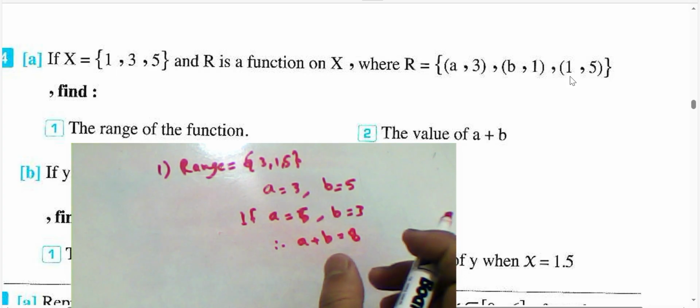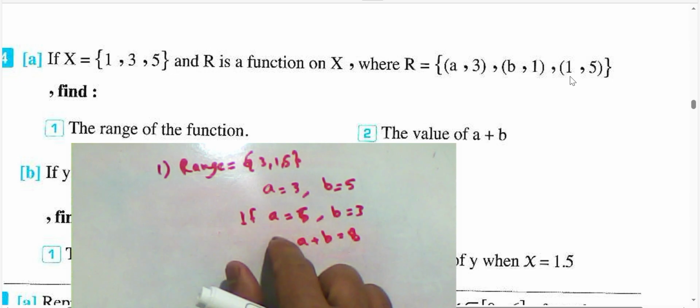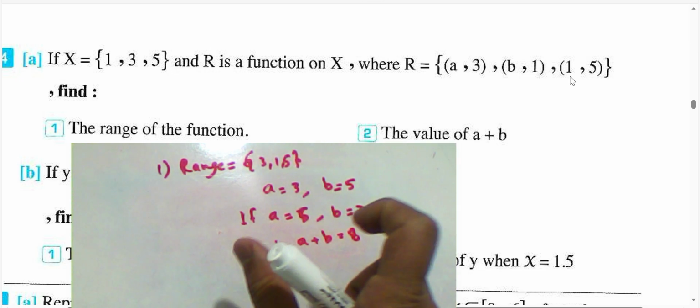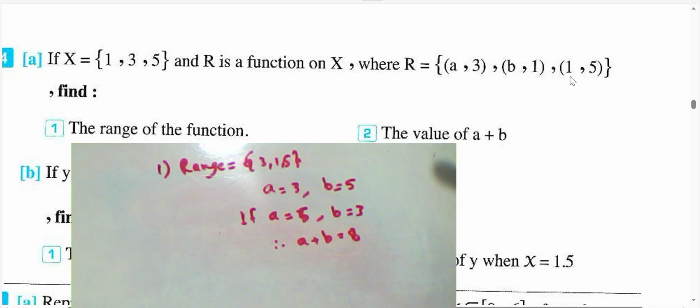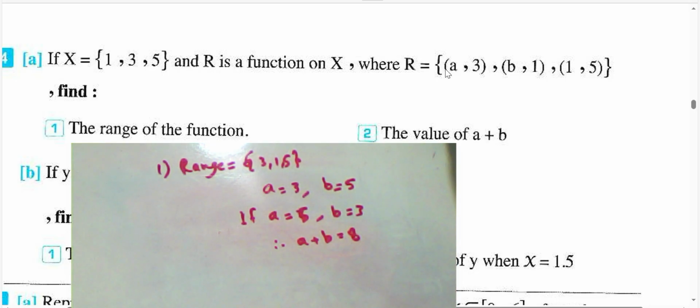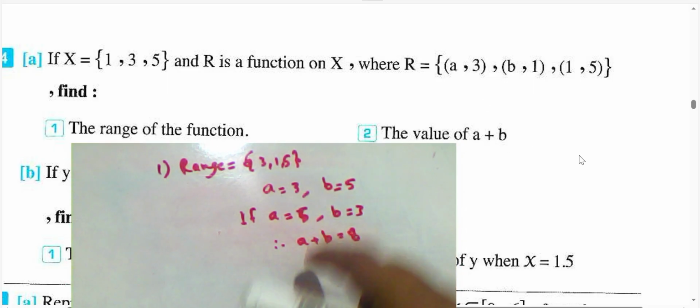We have two possibilities here: A equals 3 or 5. When A equals 3, B will be only 5. Why? Because we have a function. A function means each element in X has only one image. Understood? Because every element in X has only one image, A must equal 3 or 5, and B also 5 or 3. The summation between them equals 8.